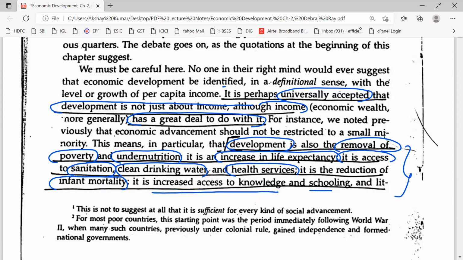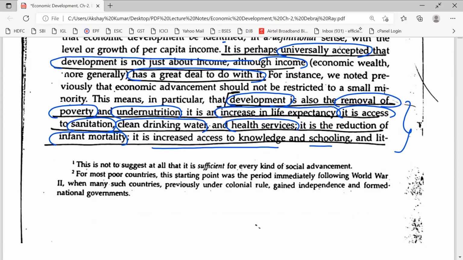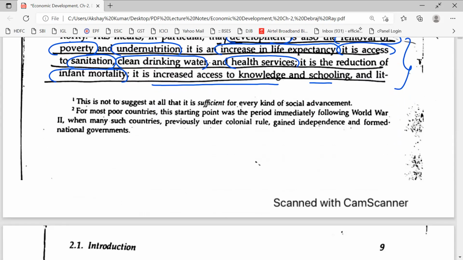If your income is very high, but there is massive poverty in your economy, there is very low life expectancy, there is poor sanitation, there is no access to clean drinking water, which leads to waterborne diseases, no good health services, very high infant mortality rates, very less access to knowledge, especially higher levels of education, and poor literacy.